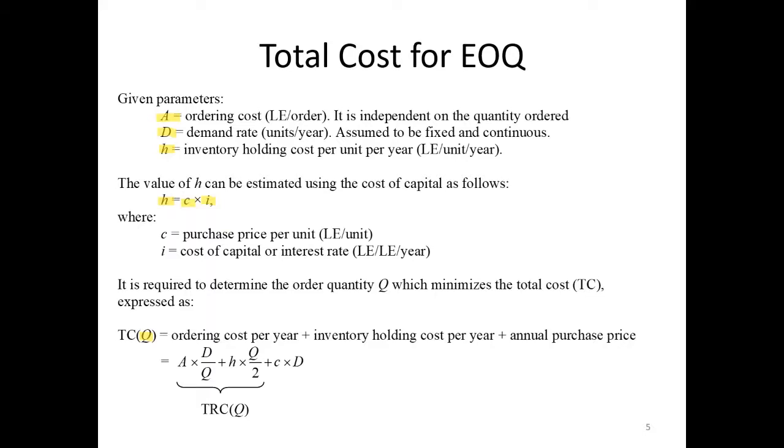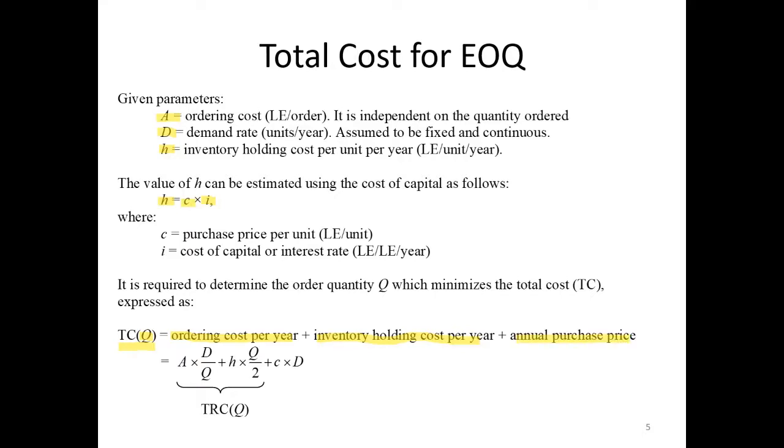So in order to determine the value of Q, our objective here is to minimize the total cost, and the main elements of the total cost include the ordering cost per year, the inventory holding cost per year, and the annual purchase price of the item.